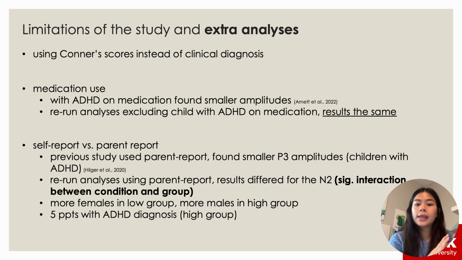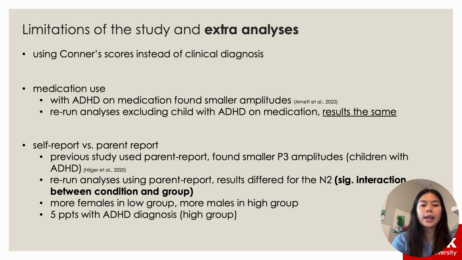I found that regarding the N2 ERP component, which happens around 200 milliseconds and is a negative-going peak, there was a significant interaction between condition and group. Again, that was not found for my initial results using self-report. However, based on parent report, there were more females in the low ADHD trait group and more males in the high ADHD trait group. And when I accounted for age and sex differences, that was significant.